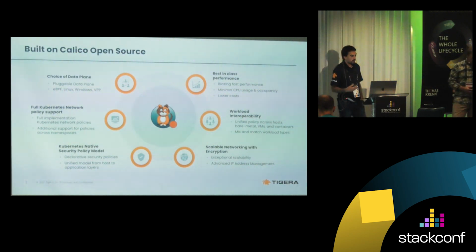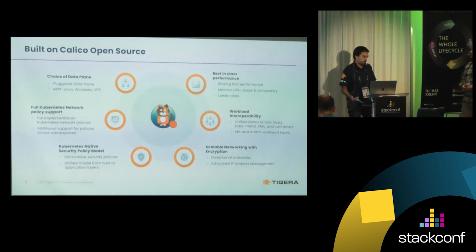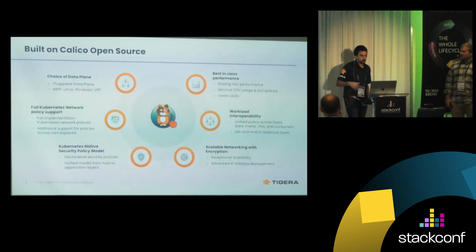We're going to talk about Calico Cloud, which is a professional enterprise offering built on Calico open source. We know Calico open source is used widely and it offers a lot in terms of networking and security. But we also offer a solution that is more user-friendly with a web UI.